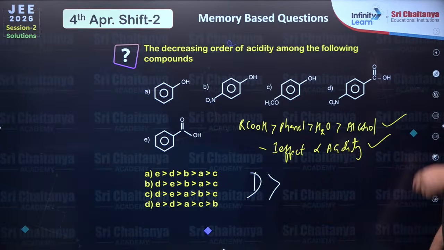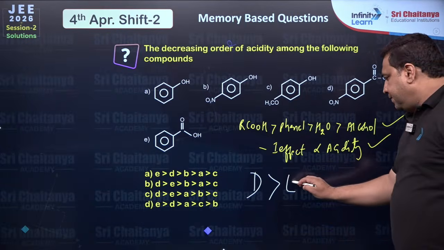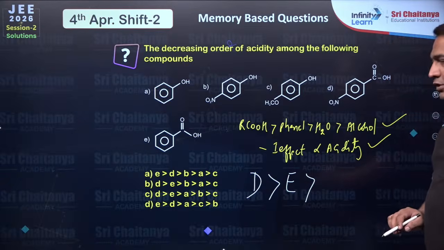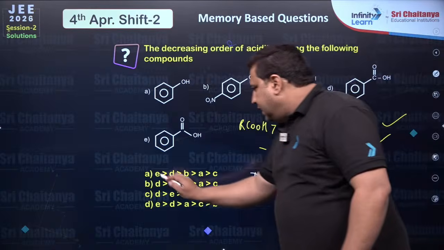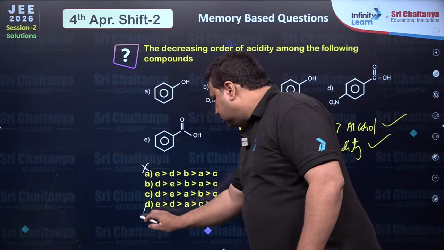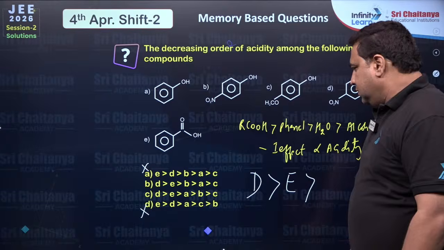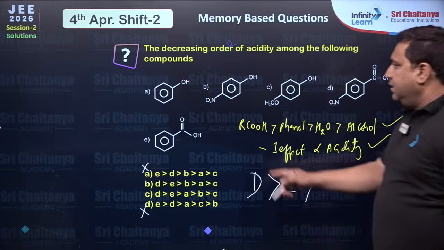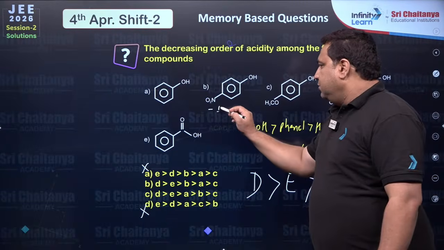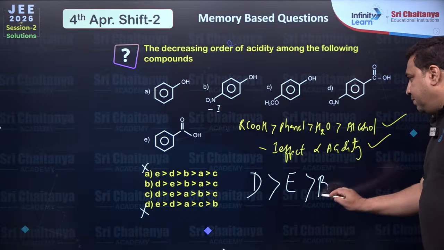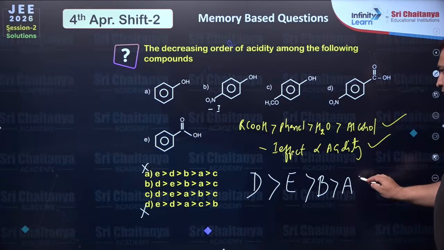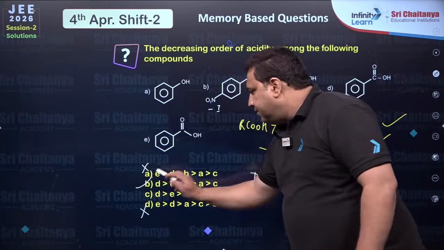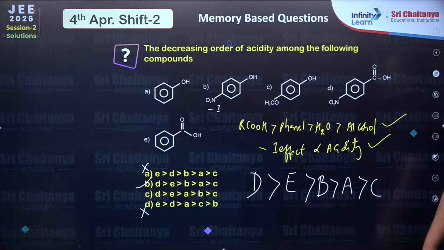Everybody agree? Then comes E. If you are a good student and a clever fellow, D highest, then E, then A cannot be the answer, D cannot be the answer. Then between B and A, this has minus I effect, so B will be greater than A, and the leftover will be C. So the answer is option B. Clear?